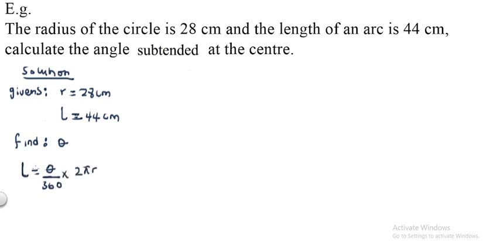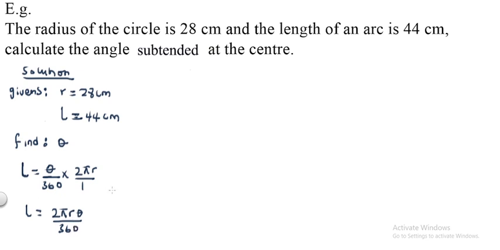The subject of the formula is L, but we already have L. That means we have to make theta the subject of the formula. To do that, we write it as L is equal to, the numerator is multiplying theta here, and the denominator of this term is 1. So this is 2 pi r theta over 360.